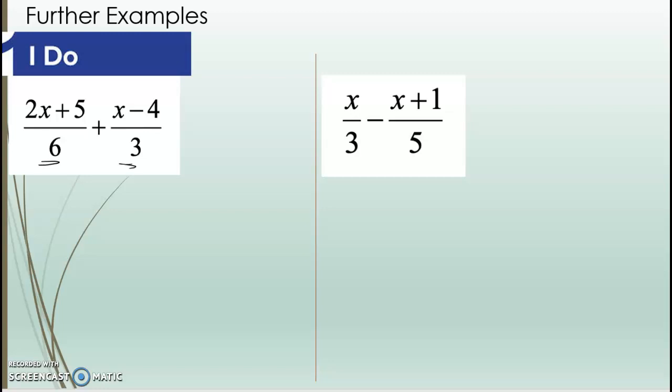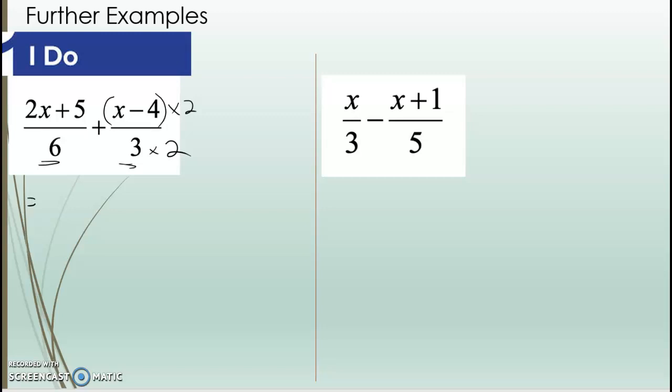So, having a look at these denominators, 3 does fit into 6, so I can just double the second one. So, my first line of working, I will just double this one and that. And notice that when I'm doubling the numerator, I've got to double both the x and the minus 4.